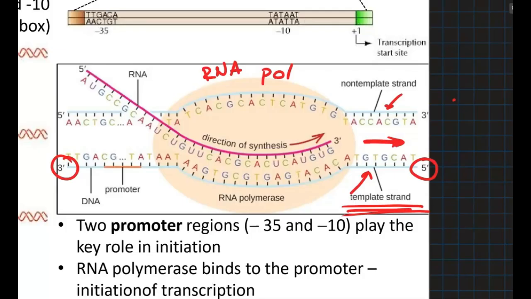And since molecules of nucleic acids must be anti-parallel, it moves from 3' to 5', but RNA is being synthesized from 5' to 3'.